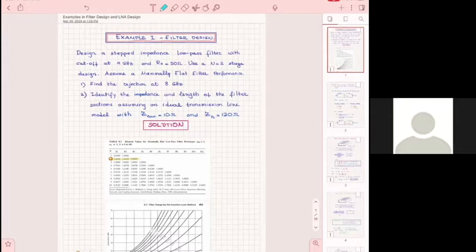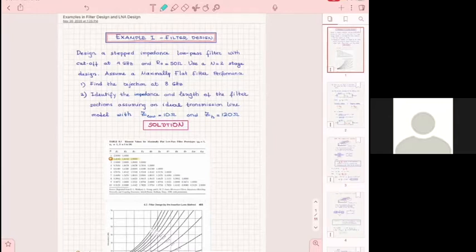And then, having given you this, I would like you to find the rejection at 8 gigahertz before you do anything else. And then I want you to identify the impedance and length of the filter sections, assuming an ideal transmission line model with a low impedance of 10 ohms and a high impedance of 120 ohms.